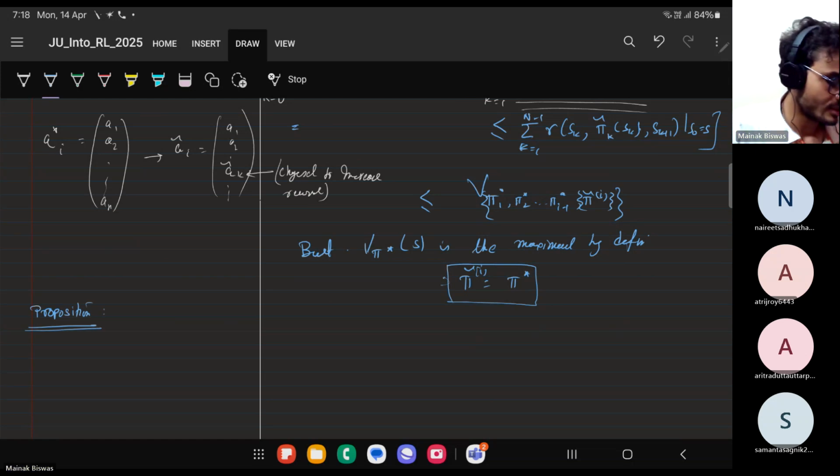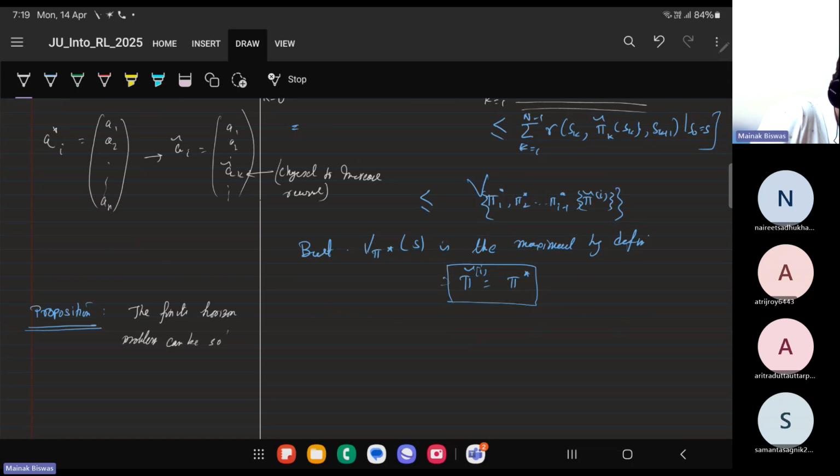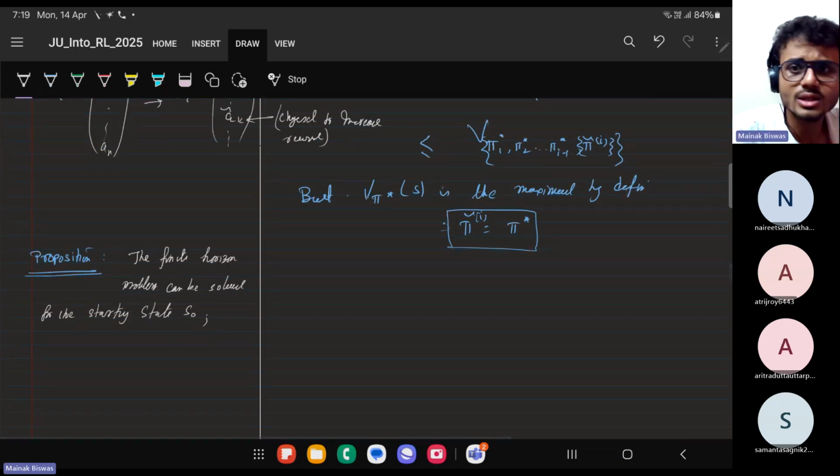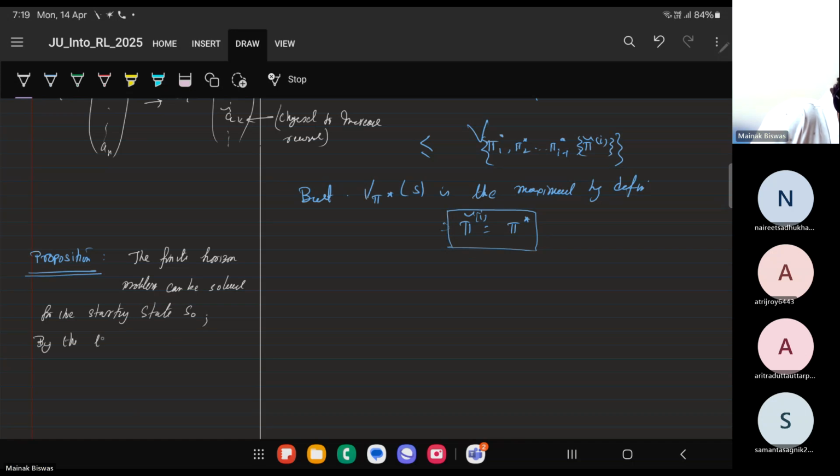It says that the finite horizon problem can be solved for the starting state S0 by the following recursion, such that v pi star of S0 is equal to something that we define as V0 of S0.